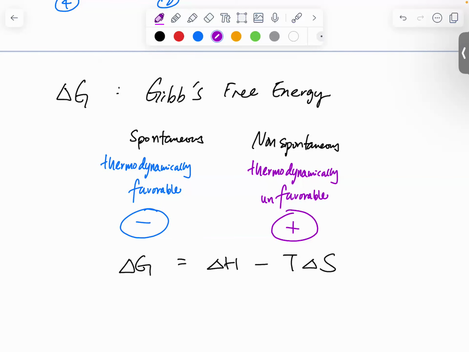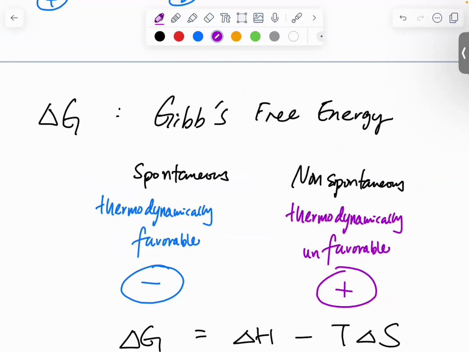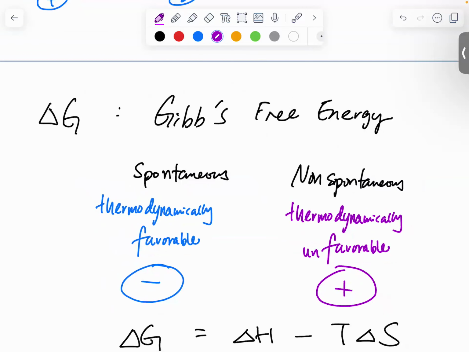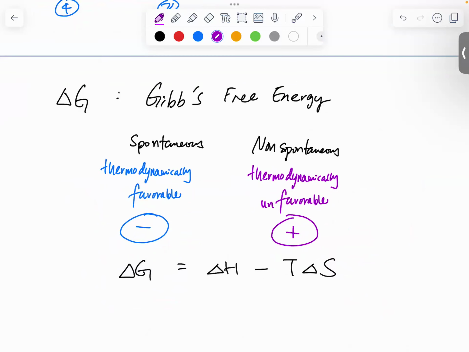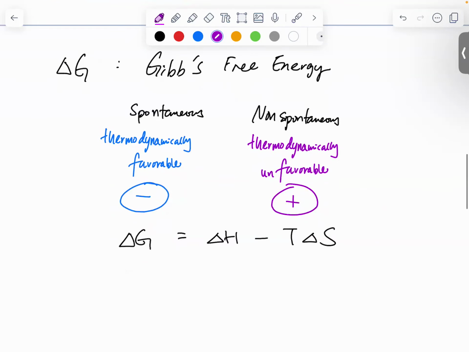Oh, they use spontaneous in the packet. But I think they also say favorable, something like that, also on the packet. So now I want to make sure that you have a good understanding of why it is negative for spontaneous. There's a reason behind it. Is it because if you plug in a negative number for S, you end up getting a positive value?